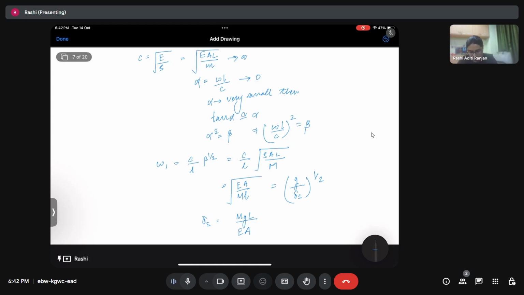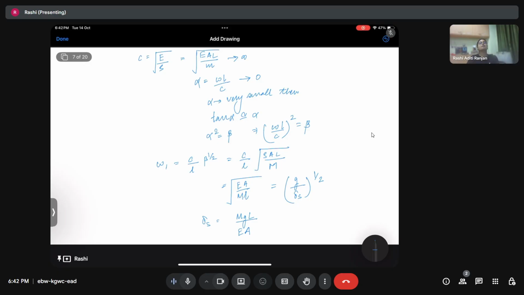M g L by E A was actually the static deflection when, in the first or second live session only, I think we did this question where we had a bar and a mass capital M suspended at the bar. Considering that the bar has negligible mass compared to capital M, we were supposed to find the static deflection.